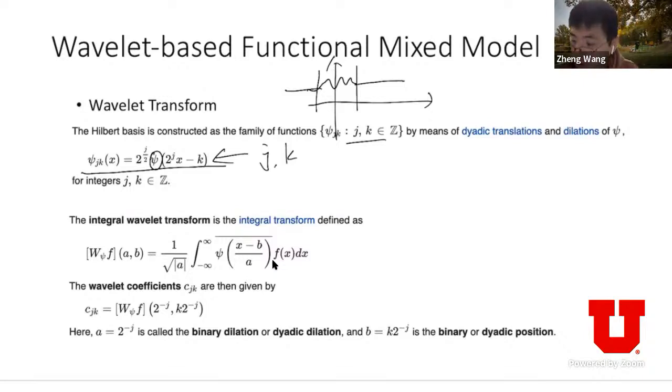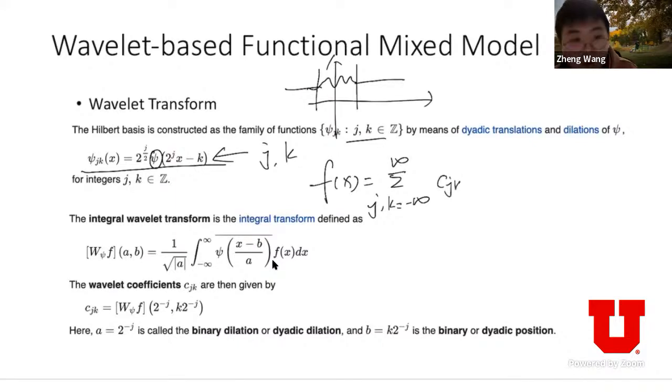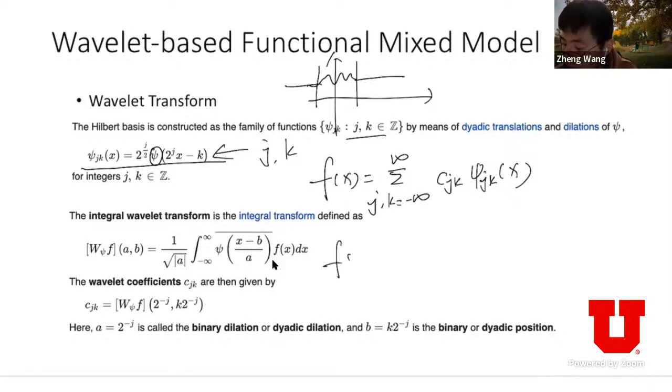Okay, given a function f(x), we want to use some basis function to represent it, like in Fourier transform, we just approximate the function.